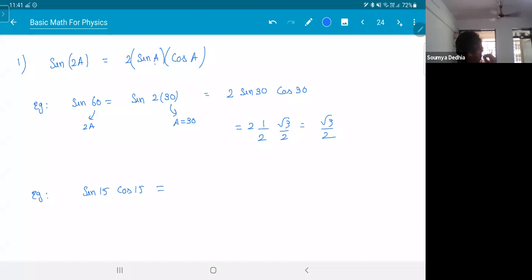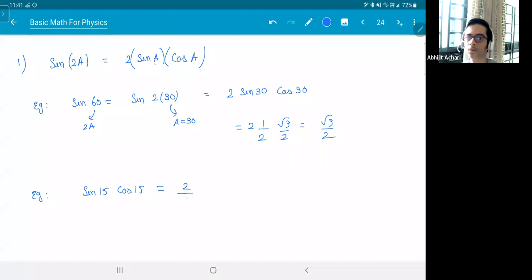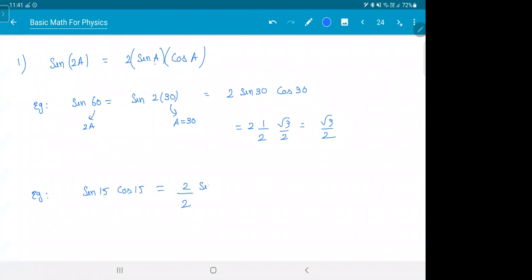Multiply and divide by 2. So 2 sine 15 cos 15 over 2. This looks like 2 sine A cos A. So it is sine 2 times 15 by 2. That is sine 30 by 2. Sine 30 is half.